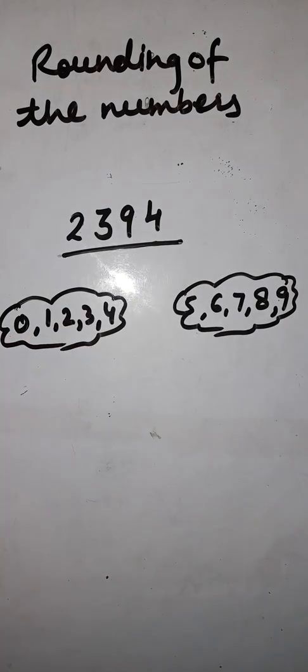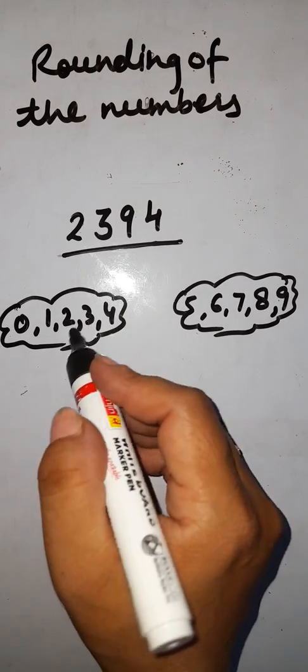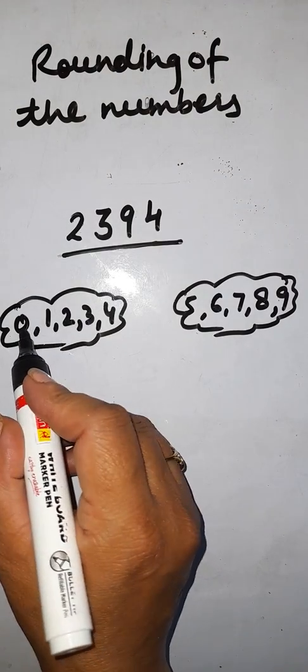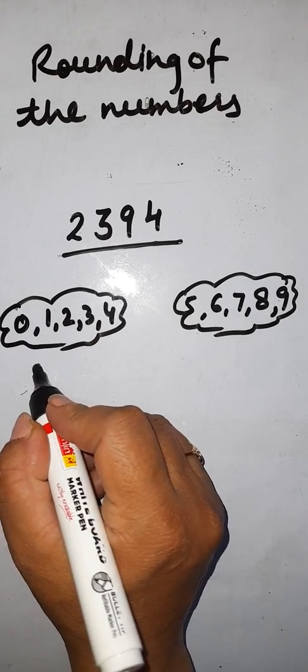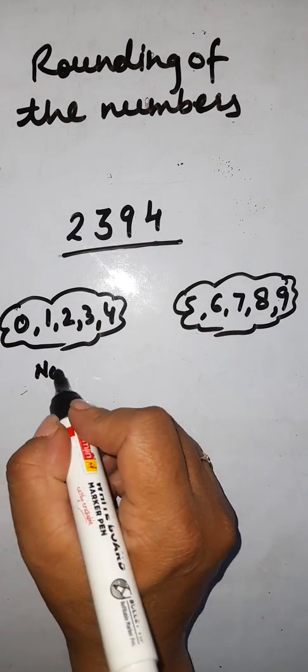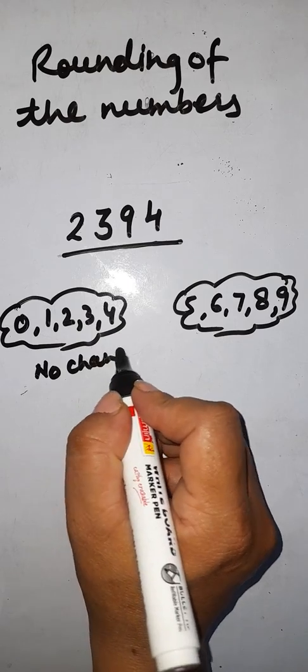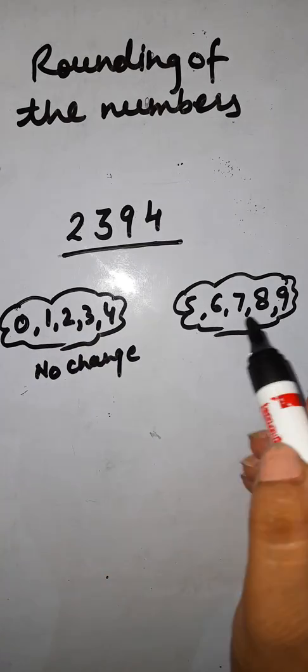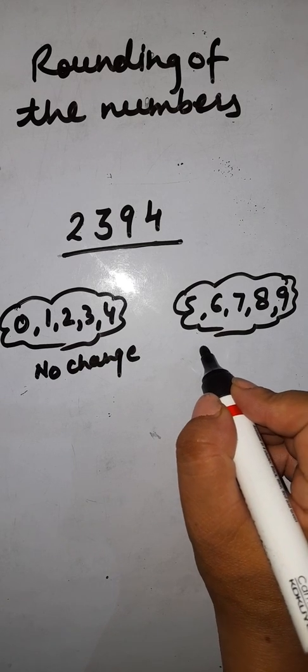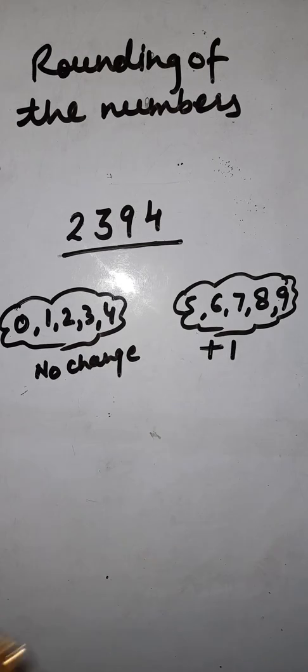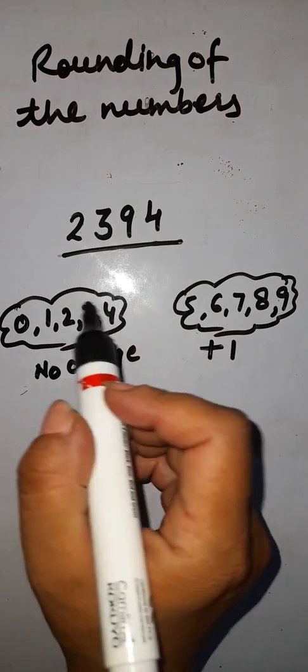Whenever we round off any number, if the next digit is between 0, 1, 2, 3, 4, the number will have no change. So we will write here no change. And if the digit is between 5 to 9, we will just add 1 to the digit which we have to round off. Fine. So let me explain it here.